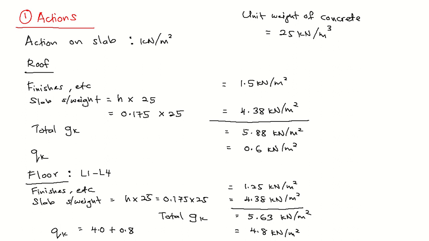You have one more element. Besides the roof and the floor, one more element that you have is the wall itself. Okay, so this is roof, this is floor. Next, for the wall, what do we have?